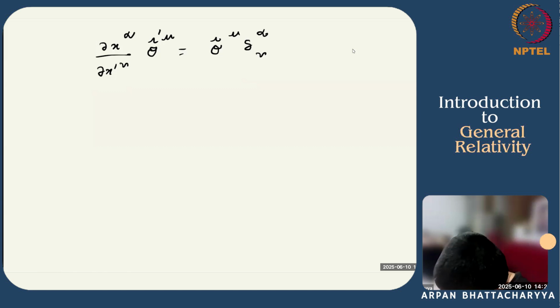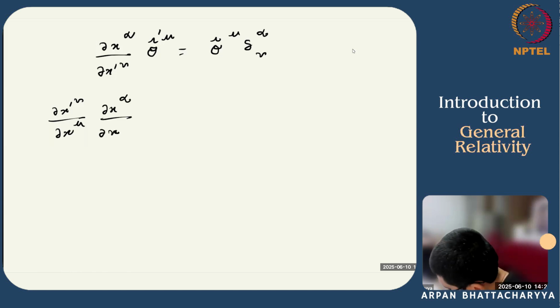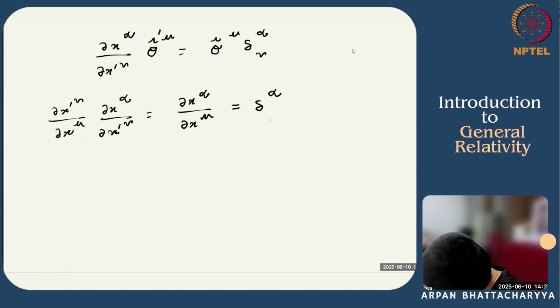For example, we can use the fact that del x mu by del x alpha times del x alpha by del x prime nu is nothing but the Kronecker delta.